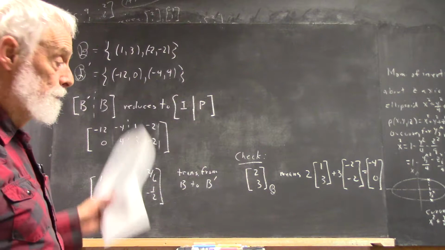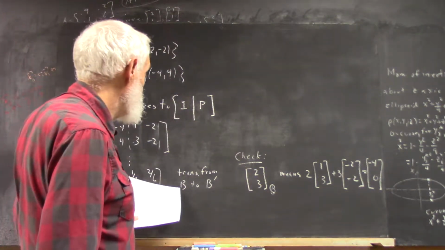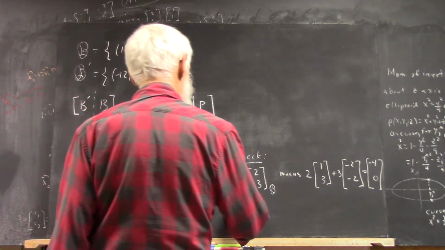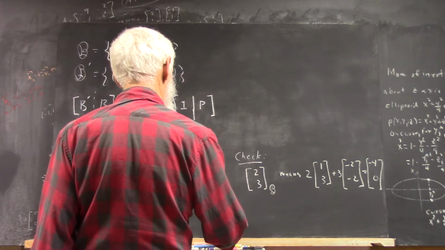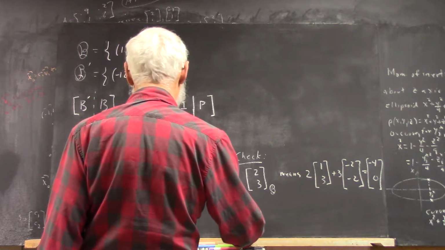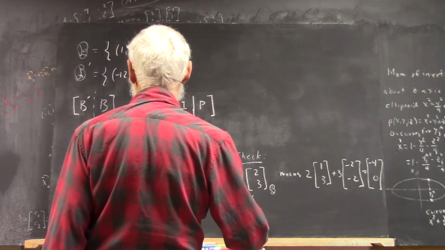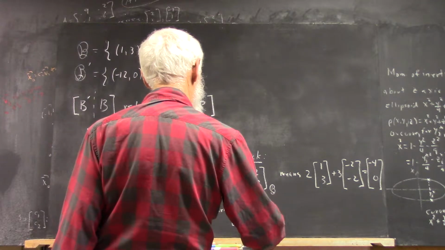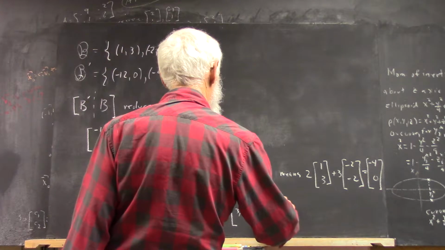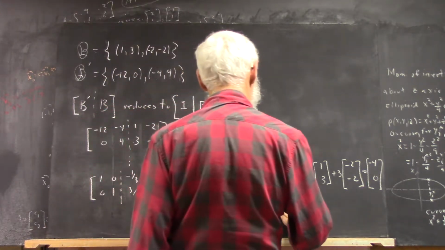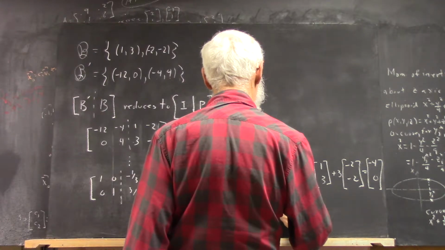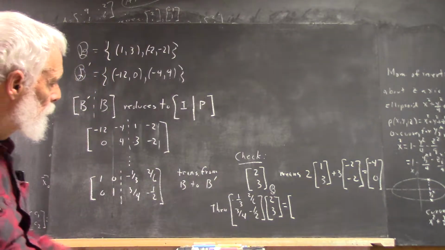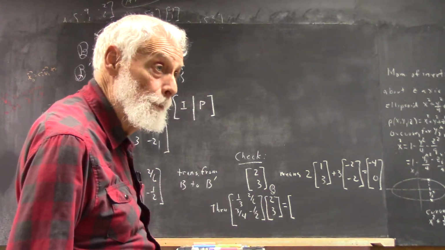Okay? Now, if this is the transition matrix for B to B prime, then your transition matrix, negative 1/3, 2/6, 3/4, negative 1/2, multiplied by 2, 3, is going to give you the vector with respect to basis B prime.